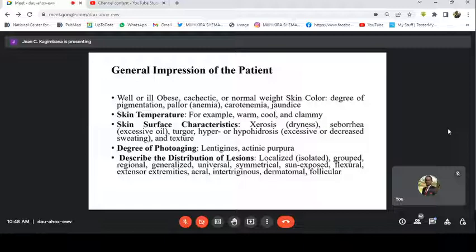Of course, you have to describe the distribution of regions. Is the region localized, grouped, regional, generalized, universal, symmetrical, sun exposed, flexural, extensor, extremities, acral, heterogeneous, dermatomal, or follicular?